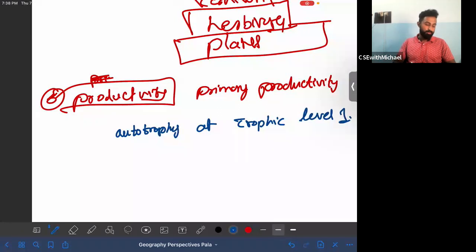That's what primary productivity is, through the process of photosynthesis.